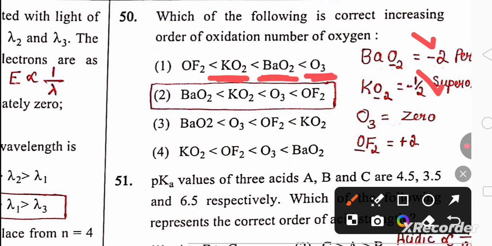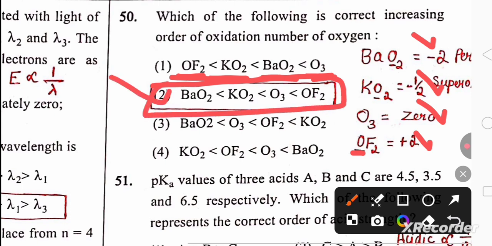In ozone, as ozone is in the elementary state, oxidation number will be 0. In OF2, as fluorine is more electronegative than oxygen, oxidation number will be +2. So by seeing this, we need to write them in the increasing order. In the increasing order, option 2 is the right answer for this question.